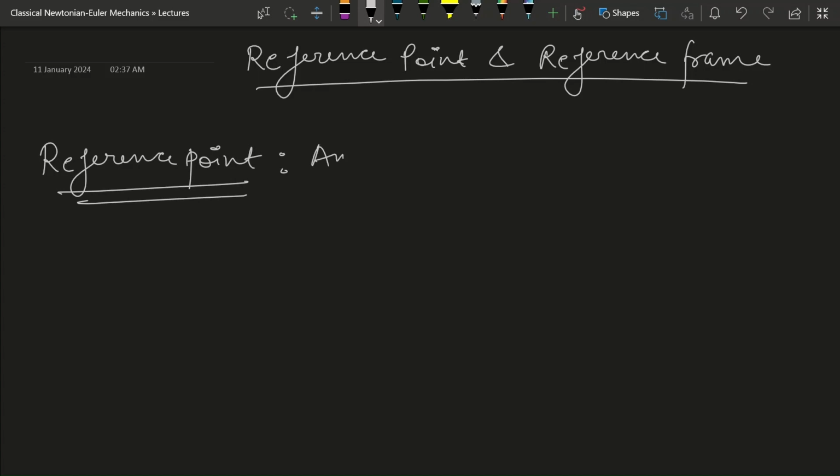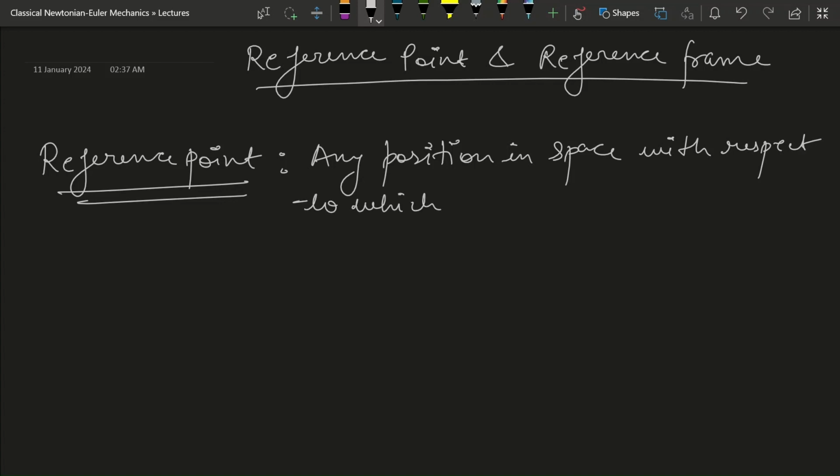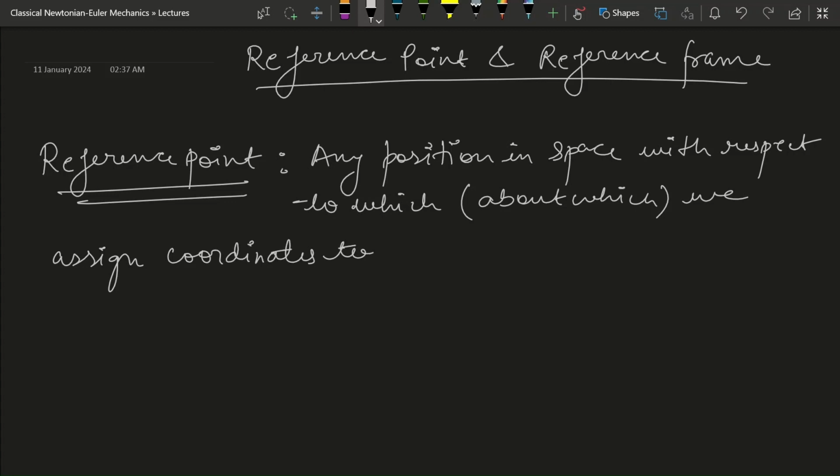Reference point is any position in space about which, or with respect to which, we assign coordinates to any other point in space.